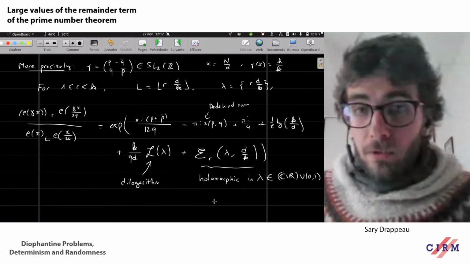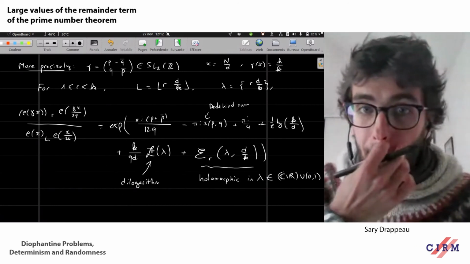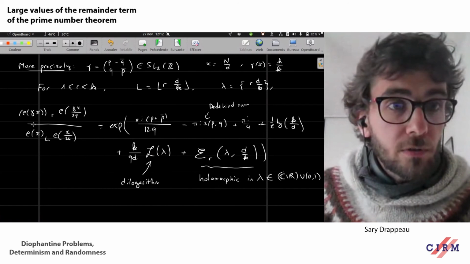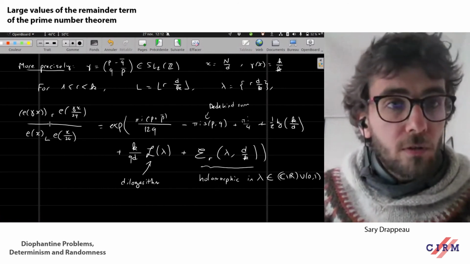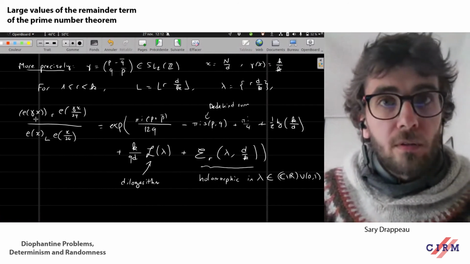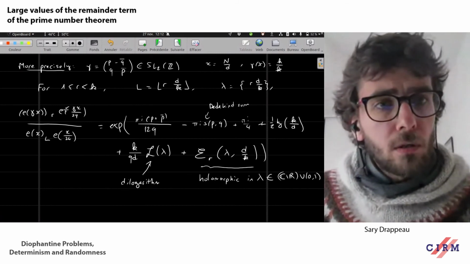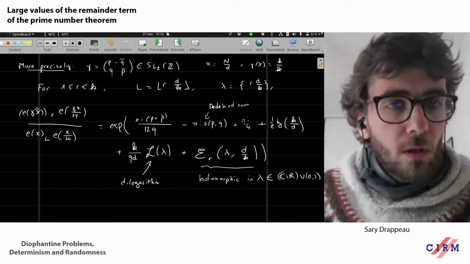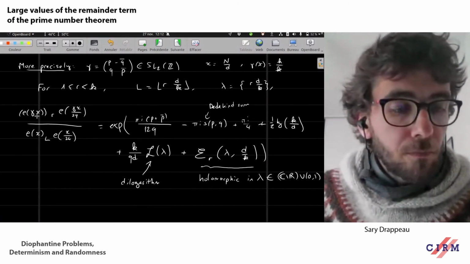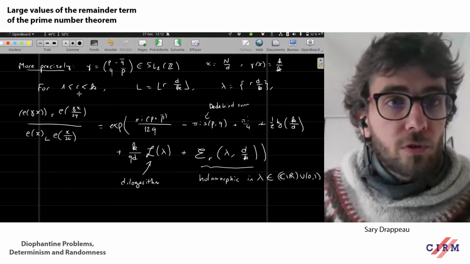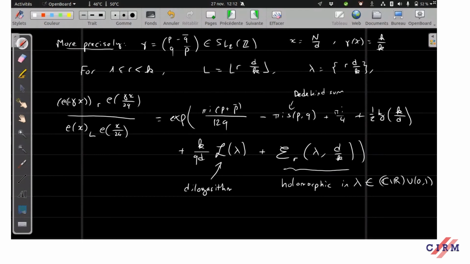And this came as a surprise because all these are finite products. Maybe it doesn't come immediately as a surprise that such a formula exists, because when you take r going to infinity, if you could, you would obtain the Dedekind eta function that I wrote before. And the eta function is a modular form, so okay, you might expect something like this to exist.